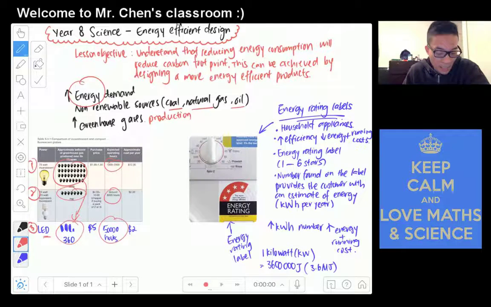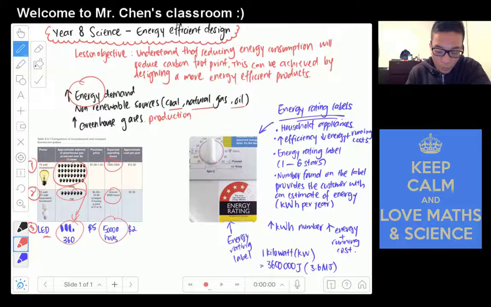It's slightly less than fluorescence, but it has such a long lifespan, which means you don't have to keep replacing it every couple of months. And yeah, this is good for the environment. This is one example of the more energy efficient design that I'm talking about.